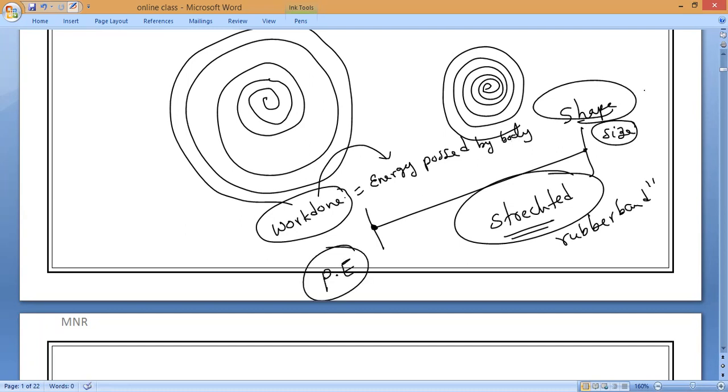We call it potential energy. Do you understand? When we change the shape or size of the body, we do some work on it. That work will be stored as energy in the object. That is, work done is equal to energy possessed by the body. That energy we call potential energy.